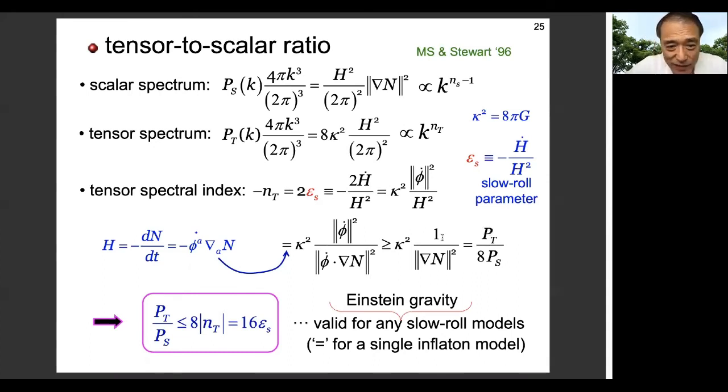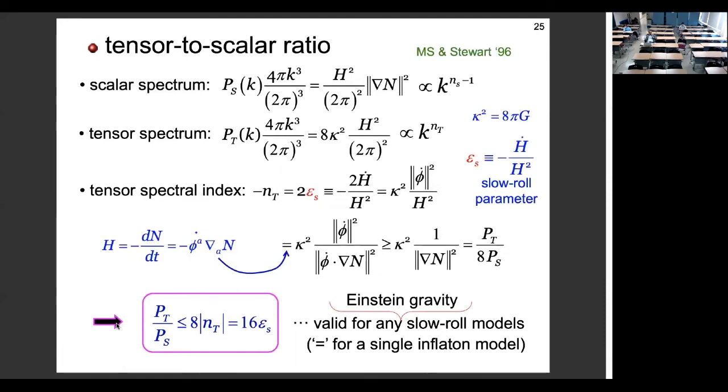So this left-hand side actually is not measured. We know it's smaller than something, and it can be very, very small. So this actually means that currently no multi-component scalar field model is excluded. Essentially, everything is allowed.